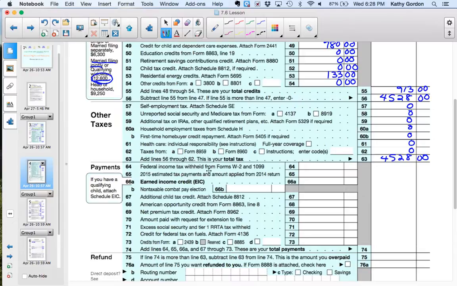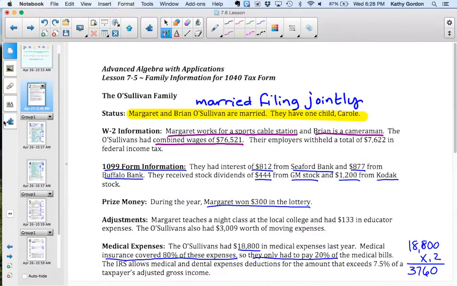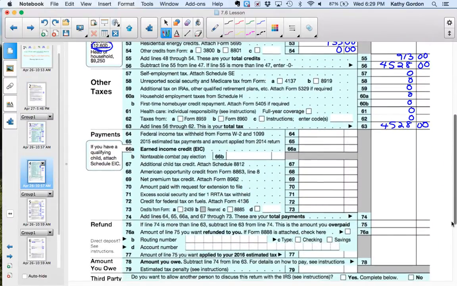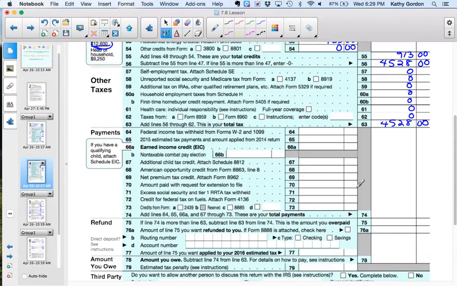So now we are interested in how much the cable sports channel withheld. So that's right here. They had a total of $7,622 withheld. So we're going to put that in to line 64. 7,622.